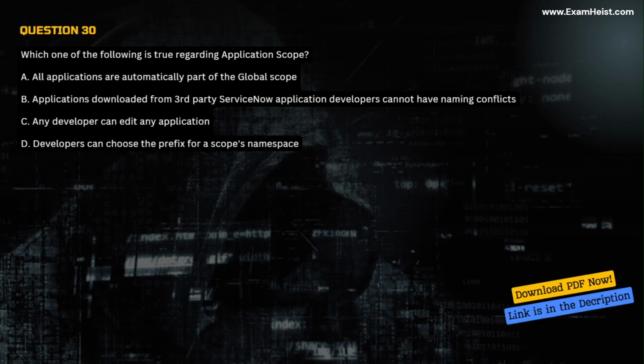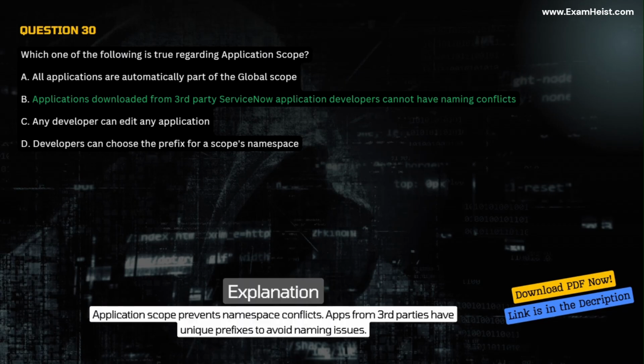D. Developers can choose the prefix for a scope's namespace. Correct answer B. Applications downloaded from third-party ServiceNow application developers cannot have naming conflicts. Explanation: application scope prevents namespace conflicts. Apps from third parties have unique prefixes to avoid naming issues.